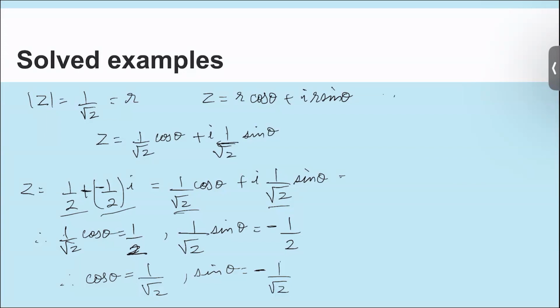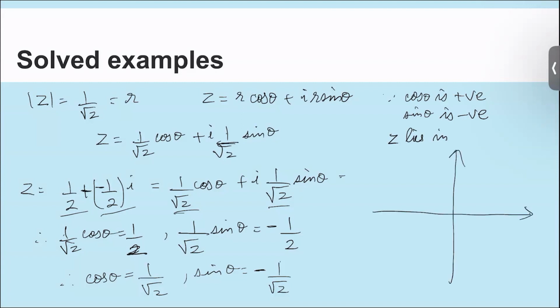Since cos theta is positive and sin theta is negative, if you remember the four quadrants and the different properties that we had mentioned, z will lie in the fourth quadrant. This is the only quadrant where you have negative sin theta but positive cos theta. So z lies in the fourth quadrant.